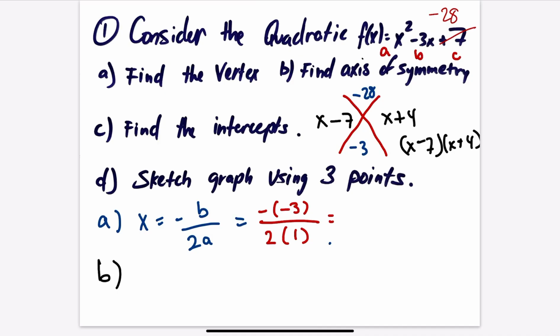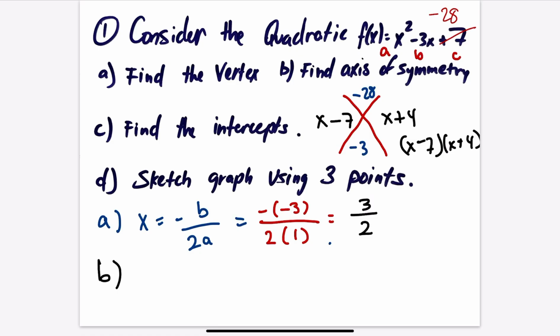So the x of the vertex is going to be negative b over 2a. And then I plugged in the values, and it should end up with 3 over 2. Now, this is a little disappointing. It should not have been a fraction, but it is what it is. If this is on the test, it will not be a fraction, okay?